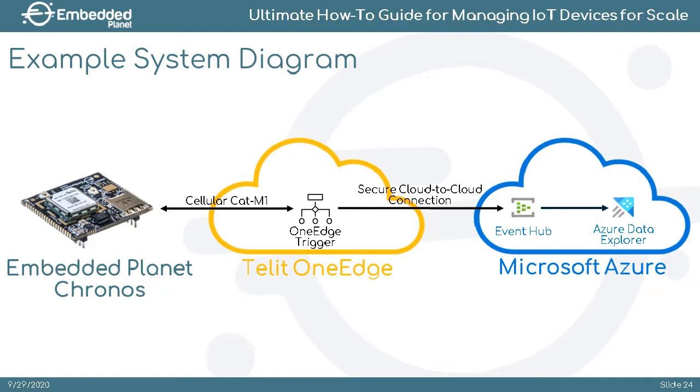Then you can have secure cloud-to-cloud connections, like Bill was talking about, into your cloud backend infrastructure. For this example today, I'm using Microsoft Azure. But this is typically, from a high level, how the whole system would look. And you would have multiple IoT devices on the left for a real deployment. But just for this example, this is how things look.